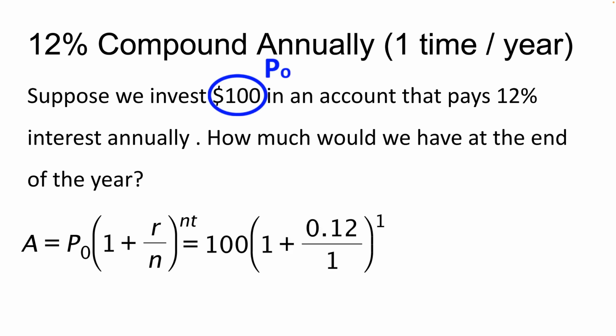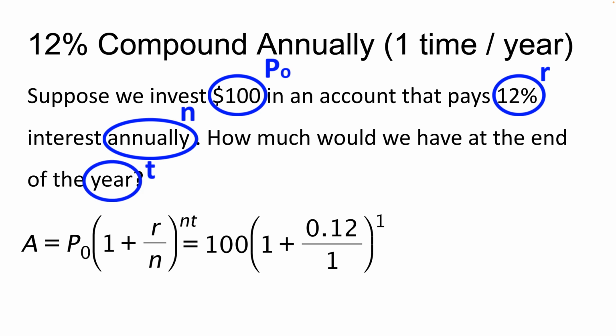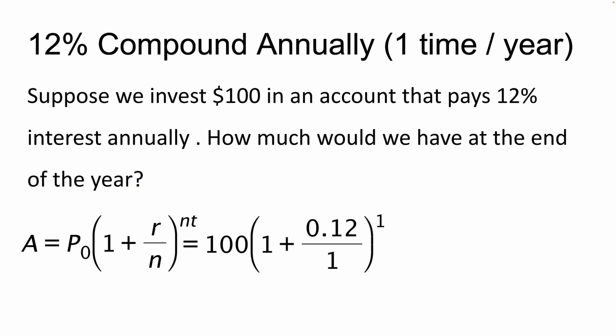My principal is $100 times 1 plus R, which is 0.12. N, which is the number of times interest is paid, is going to be 1 since it's only paid annually. And T is also 1 because we're only looking at 1 year. Putting this into my calculator, we would get $112 at the end of the year.